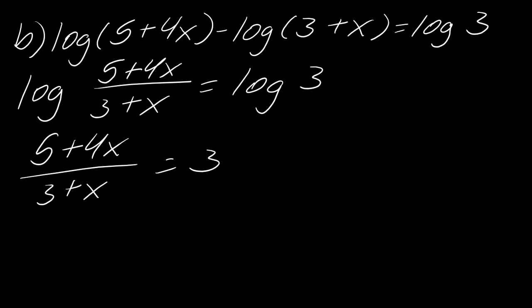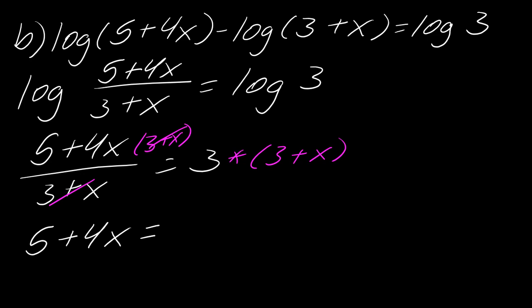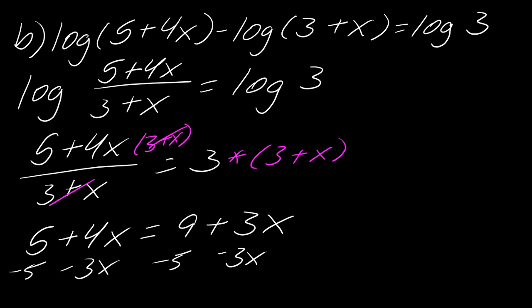So I will multiply both sides times 3 plus x so that I can cancel out the denominator. And now I've got 5 plus 4x equals 9 plus 3x. Cool. So now I will subtract off the 3x. I will subtract off the 5. And so I get that x will just equal 4.